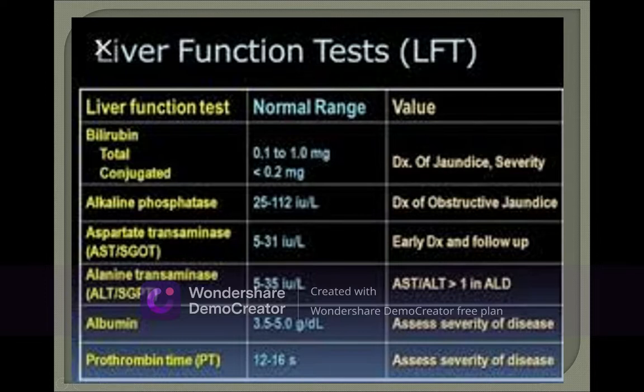It does not appear clinically. More than 3 milligram is needed to appear in the sclerae, nails, or skin. Conjugated is less than 0.2, so you subtract it from the total, normally 0.6 to 0.8 is unconjugated. These are the normal values.